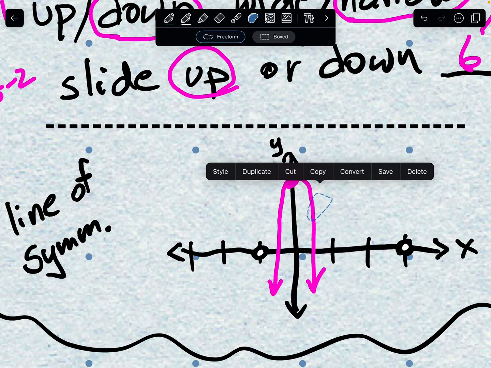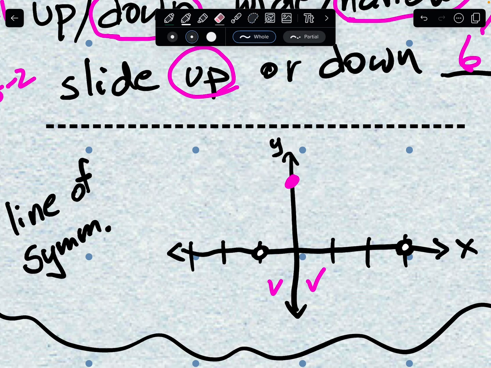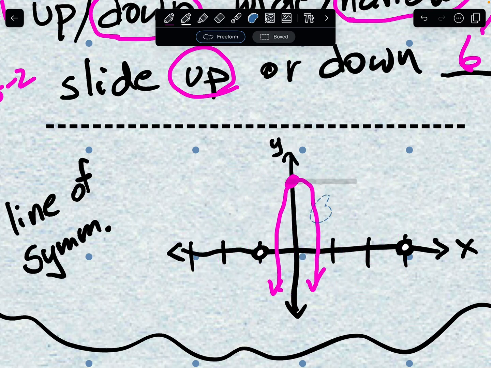Should have drawn that with one line so I can move the whole thing. Let's try that again. Now, if we take this parabola and shift it, we are not centered on the axis anymore.